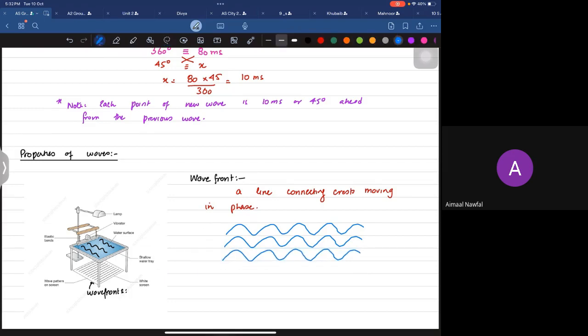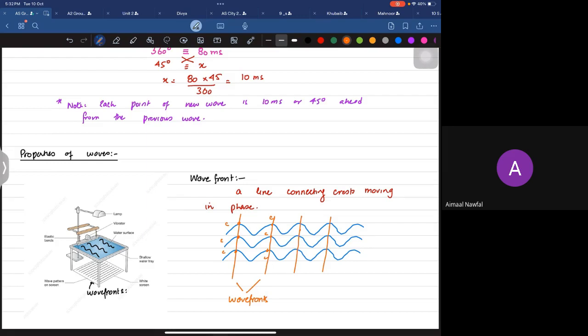All of these are crests of the wave. These are also crests of the wave. If you connect them with a single line, they give you the wave fronts.